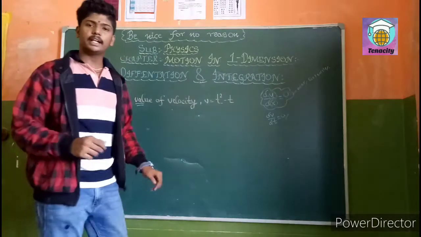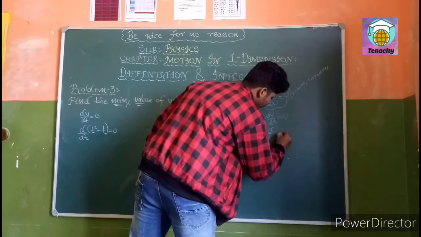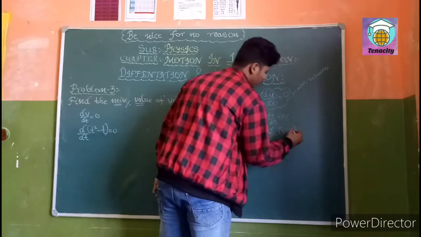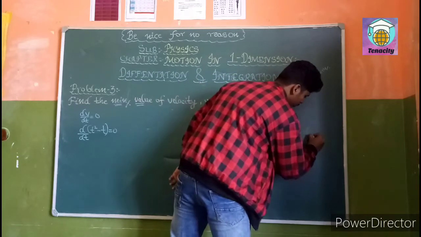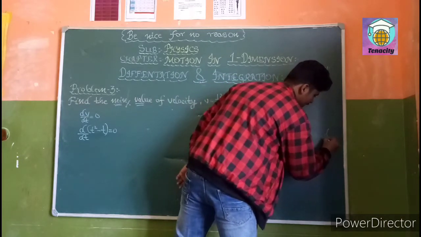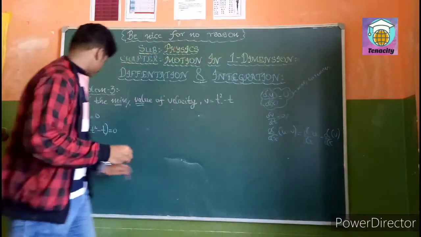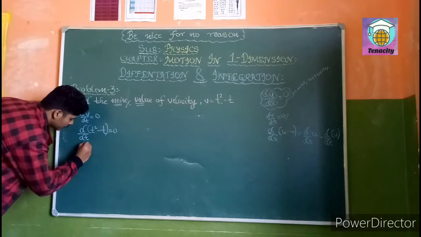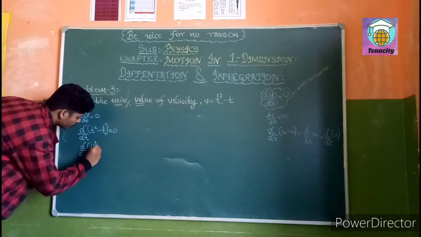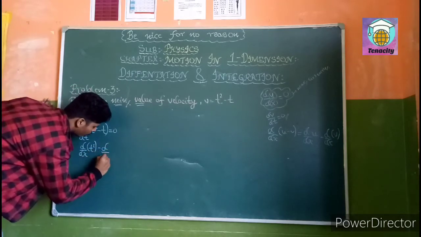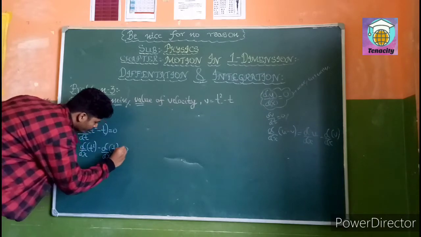So d by dx of u minus v is equal to d by dx of u minus d by dx of v. So now d by dx of t square minus d by dx of t is equal to 0.